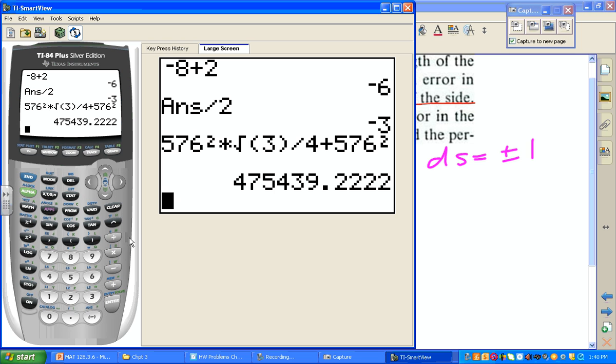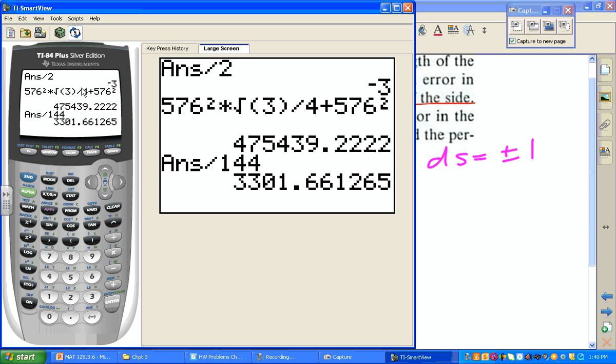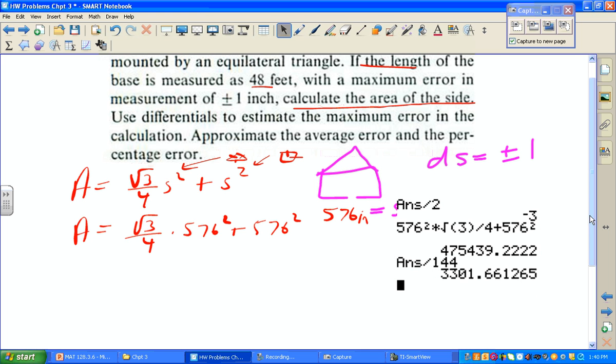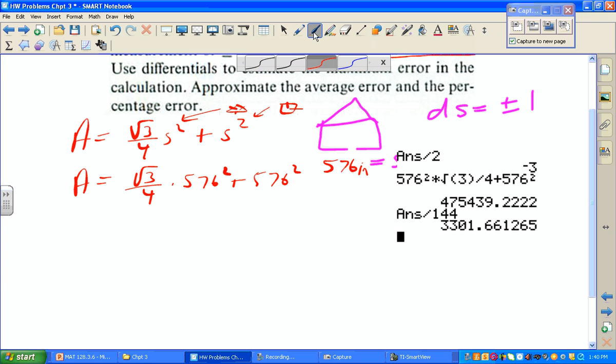Now if I want to do it in square feet, I just divide it by 144. Because there's 144 square inches in a square foot, right? 12 times 12? Yeah. So you can answer it either way. You can either keep it as square inches, or you can keep it as square feet. I don't think it matters much.